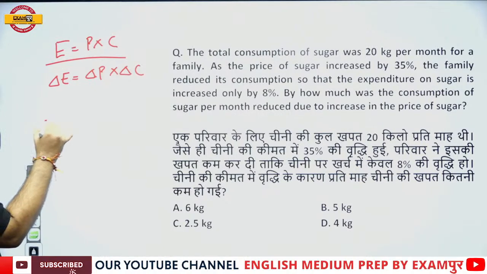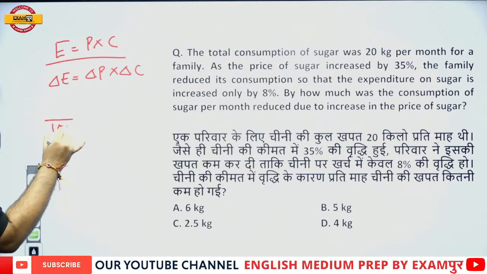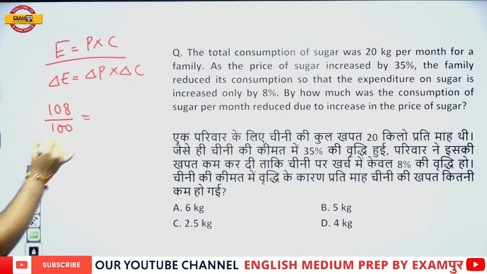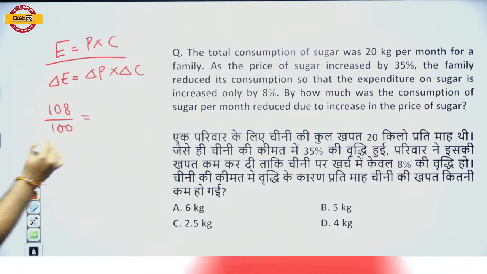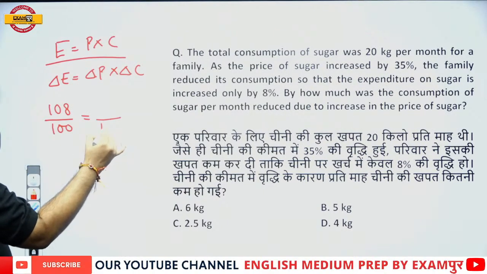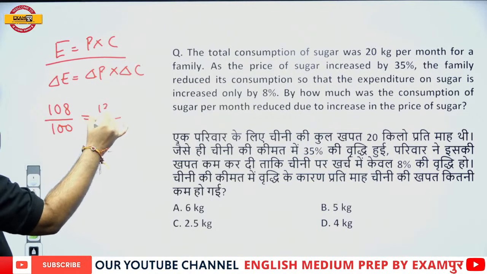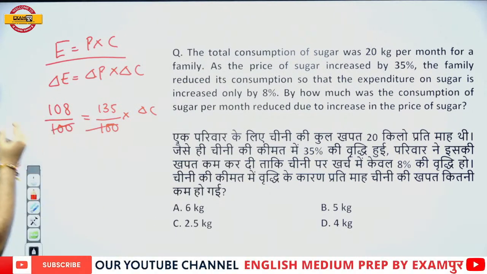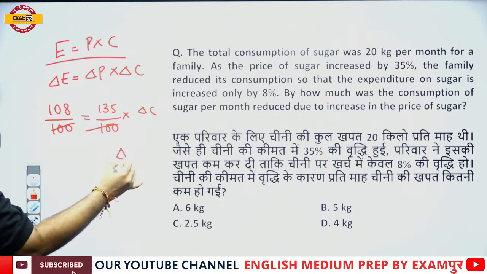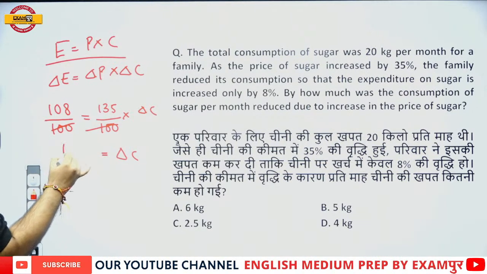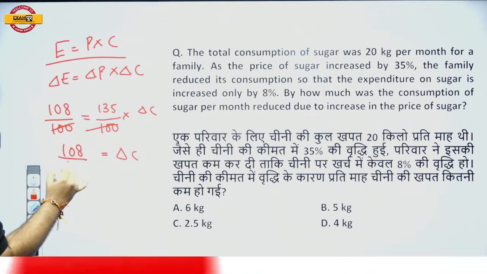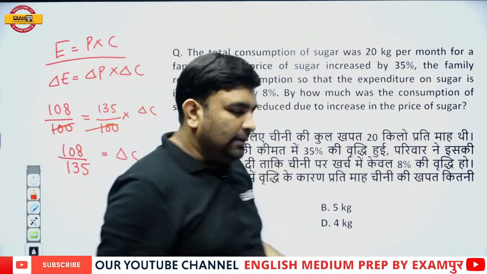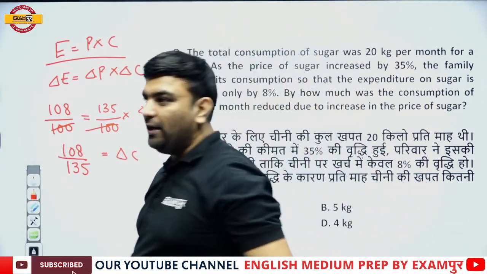Expenditure is increasing by 8%, so from 100 it becomes 108. Price is increasing by 35%, so from 100 it becomes 135. You will get the change in consumption: 108 by 135.